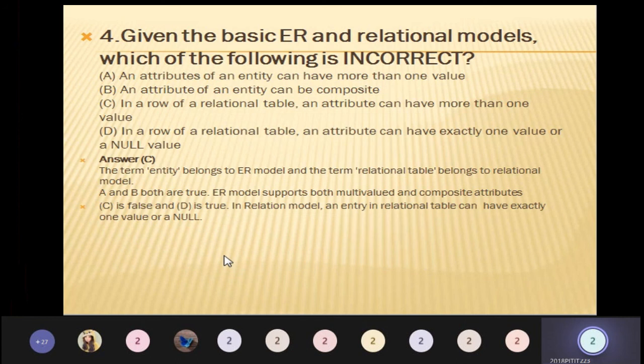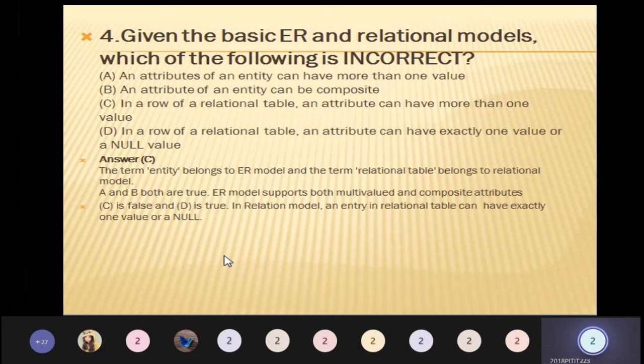The attributes of the entity can be composite. In a row of the relation table, the attributes can have more than one value. In a row of the relation table, the attributes can have exactly one value or a null value.